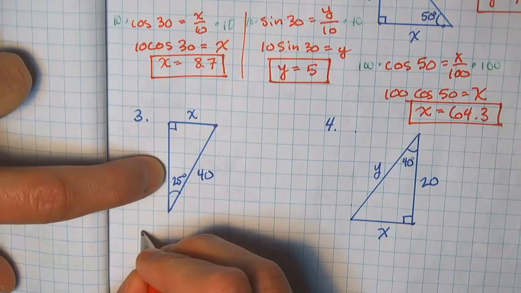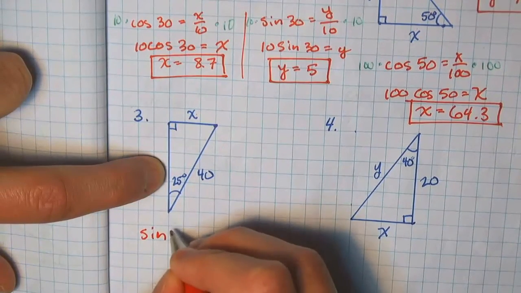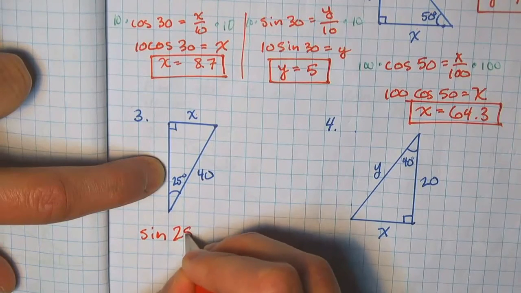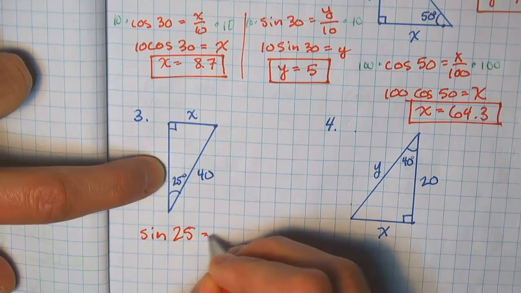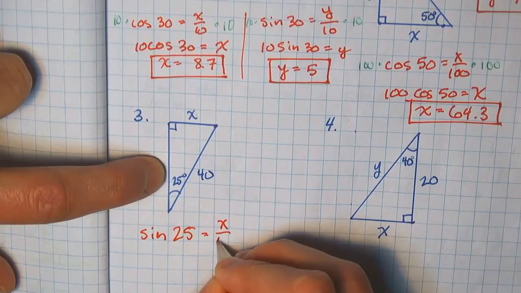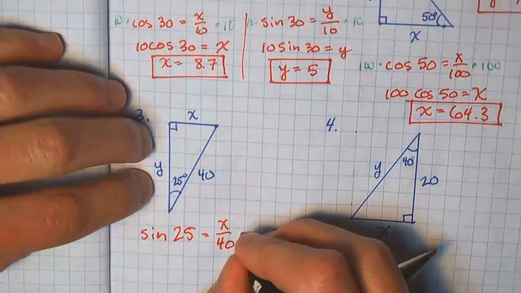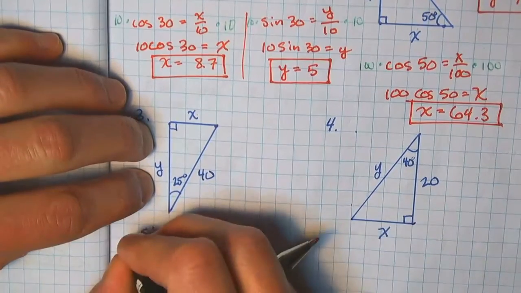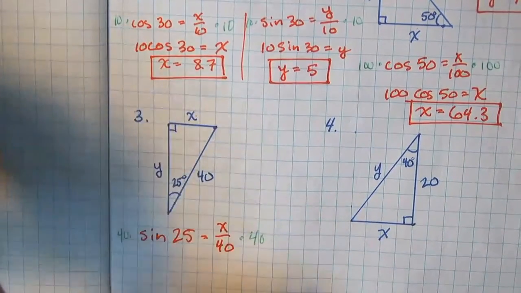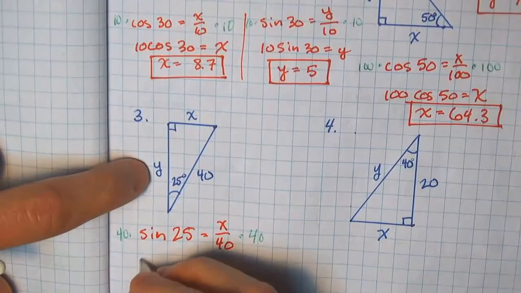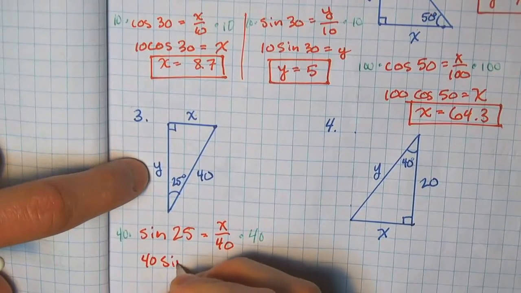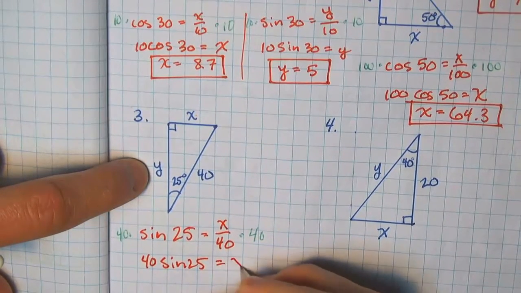So I'm actually going to use sine to find x. So sine of 25 degrees is equal to x divided by 40. Just like before, we multiply by 40, multiply by 40. And so 40 sine 25 is equal to x.